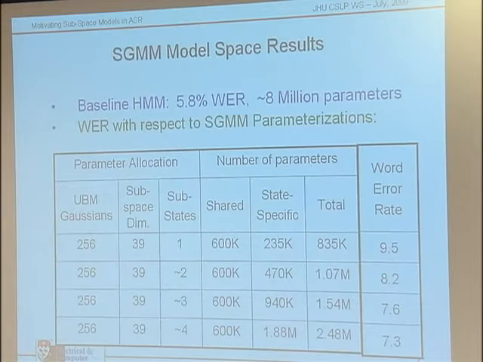So we have about 8 million parameters in the baseline system, and the only different configurations we looked at was increasing the number of substates. We started with 256 Gaussians and a subspace dimension the same as the feature space dimension, and we increased the number of substates from 1 to 4.